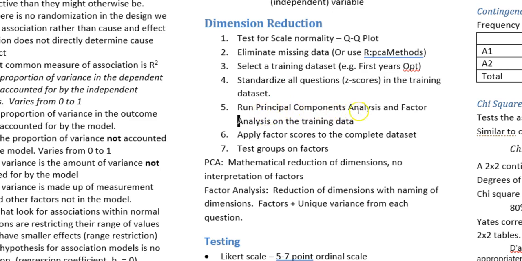We're going to run a principal components analysis in order to determine the number of factors that are most likely to be used. And then we're going to do a factor analysis on the training data. Then we're going to get some factor scores from this, and we're going to apply those factors to the complete data set. And then finally, we can test the groups and see if they differ.